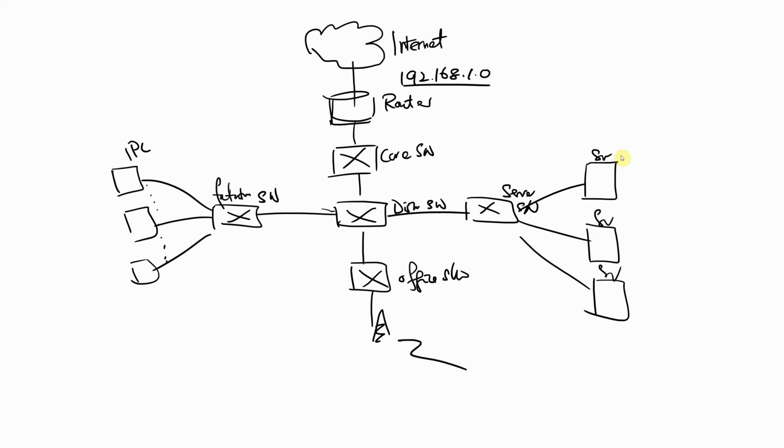And server 3: all your FTP, Telnet, HTTP, and last but not least, your database server. Okay, and then of course here the wireless, you have all your laptops connected there. So this is the base diagram that is given to you, right?